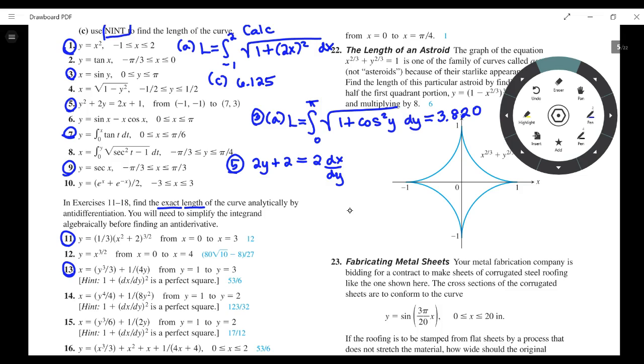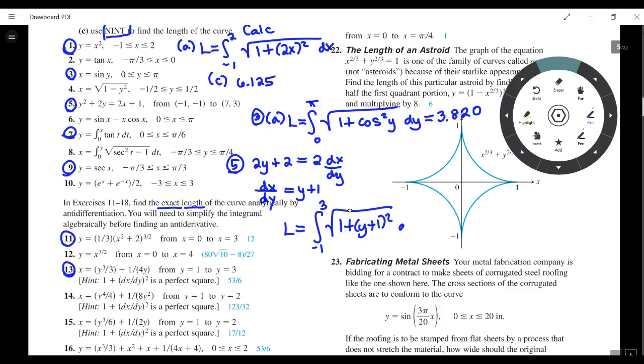That would have been a lot easier to solve, because otherwise, if you did it the other way, you would have had to factor out the dy dx. If we just divide everything by 2, it'll be dx dy is y plus 1. So now L is going to be, since we have y plus 1, we want to use -1 to 3 of the square root of 1 plus y plus 1 squared dy.